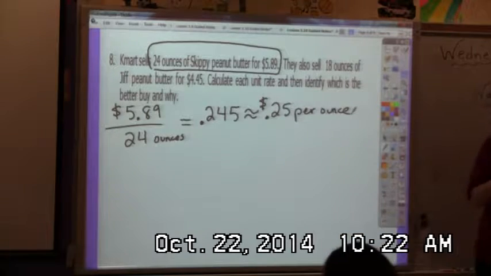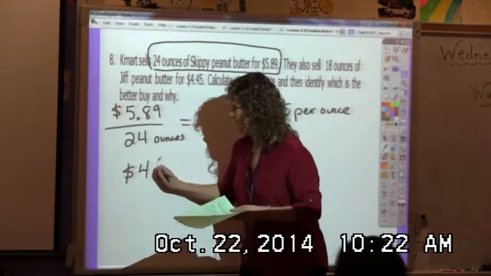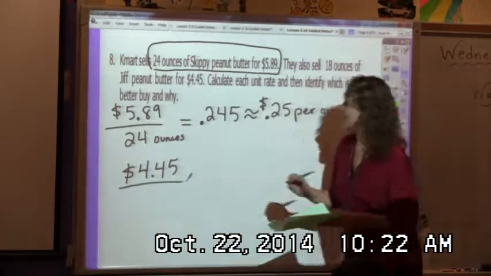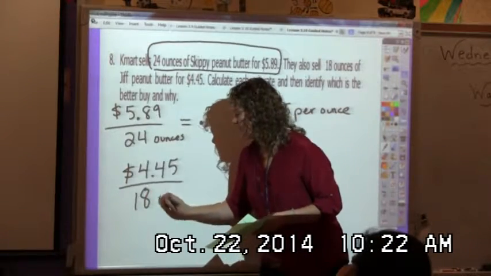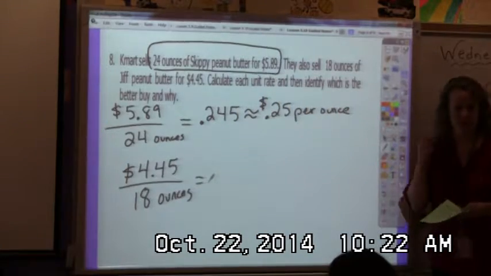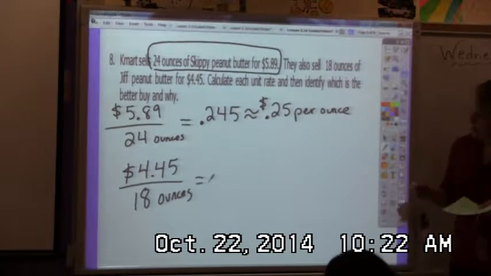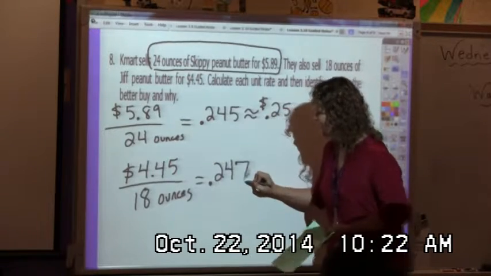All right, my second option, the Jif peanut butter. This one is $4.45 for 18 ounces, so I put the 18 on the bottom and the money on top, and we punch it in the calculator. Top divided by bottom, and I have 0.247.